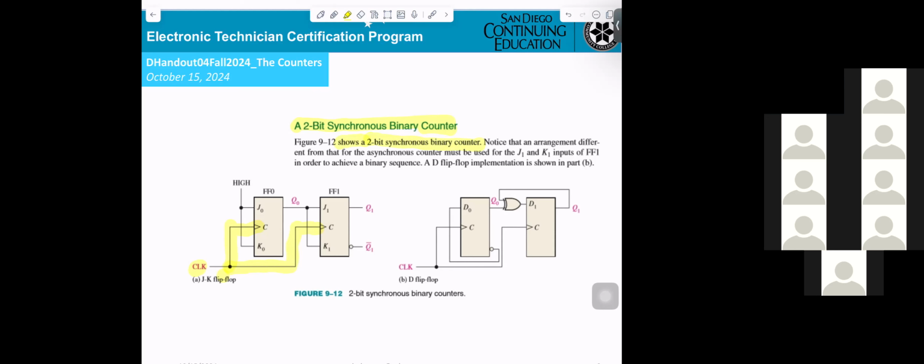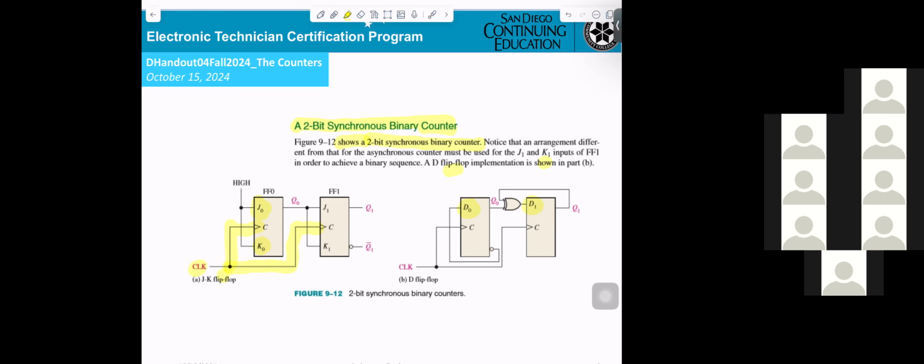Notice that the arrangement differs from that for the asynchronous counter; JK inputs must be used for the flip-flops in order to get the binary sequence. A D flip-flop implementation is also possible. The only thing they're telling you is they're using JK to build the synchronous counter, and also they can use D flip-flops to build it.